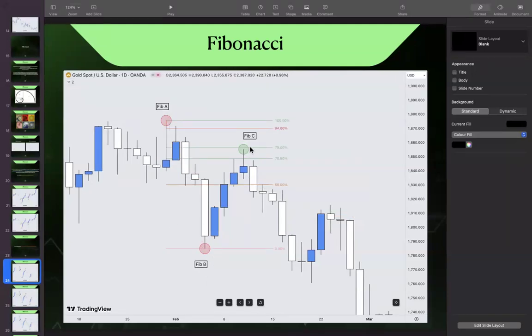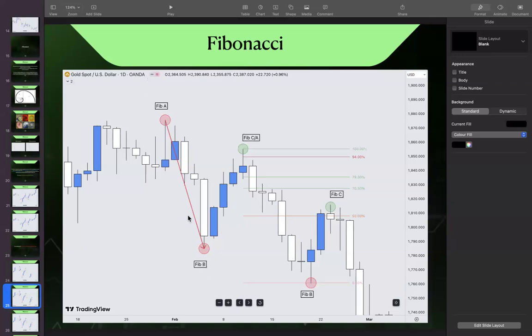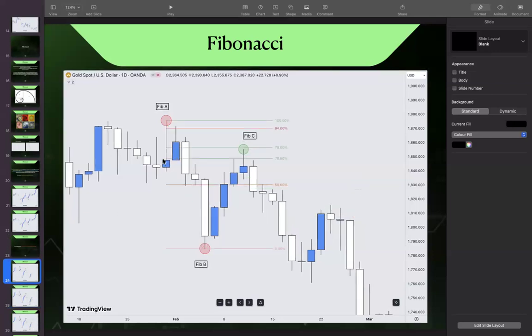Impulse, pullback, impulse, made up of solid candles to the downside. So as that happens, we have a new impulse. Even that impulse has a pullback. Do you see that? So here we had fib A, B, C, and now C will become the new A for this move, for this impulse.